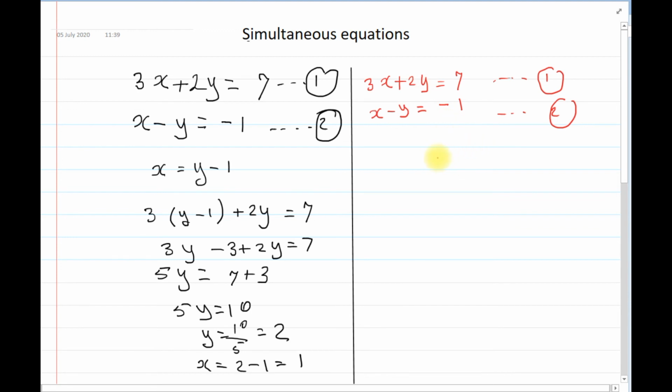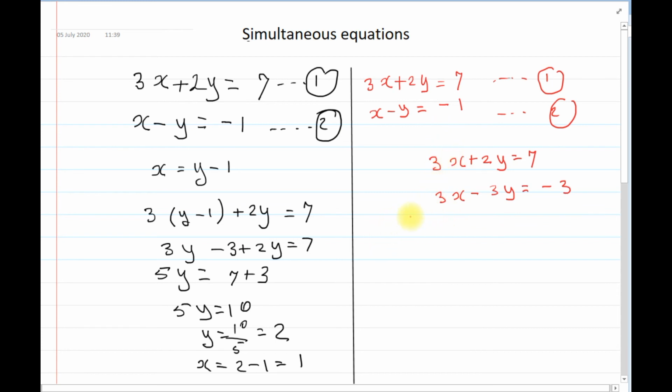So I'm going to write the first equation as it is, 3x plus 2y is equal to 7. And I'm going to times every term in the second equation by 3. I get 3x minus 3y is equal to minus 3. Now, these two equations that I have, I will take away the bottom one from the top one.